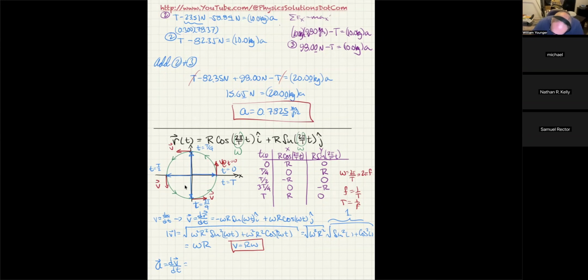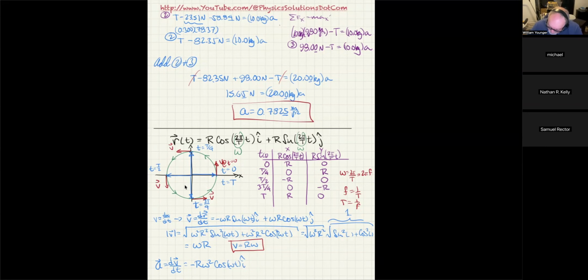So I'm going to get negative r omega squared. Notice I wrote it in a different order this time because I find it easier and more comforting to have the r before the omega. I don't know why. It's just what I do. And of course, when you take the chain rule, you've got to get another omega. So that's why it's omega squared. But the sine becomes cosine omega t, and then all that times i hat.